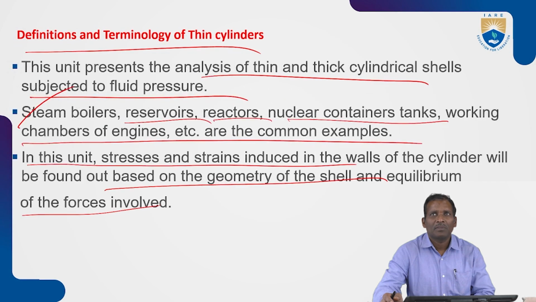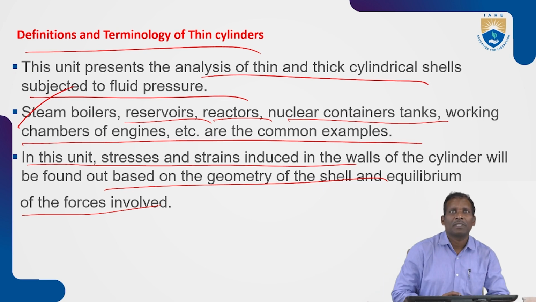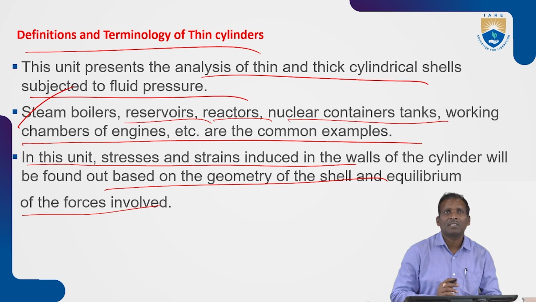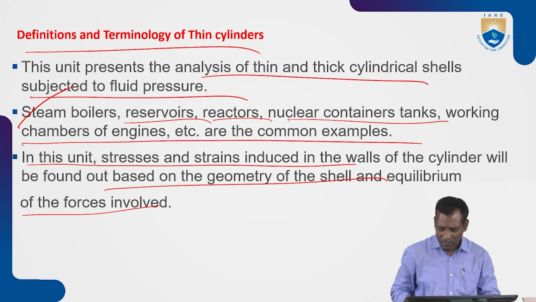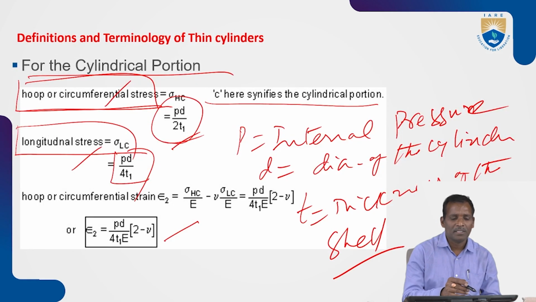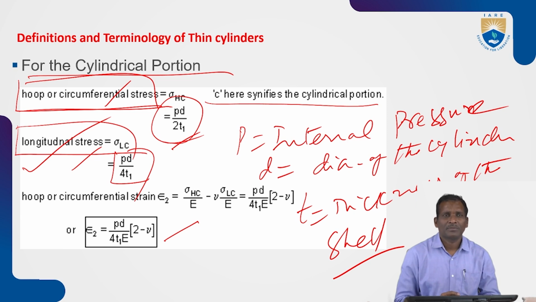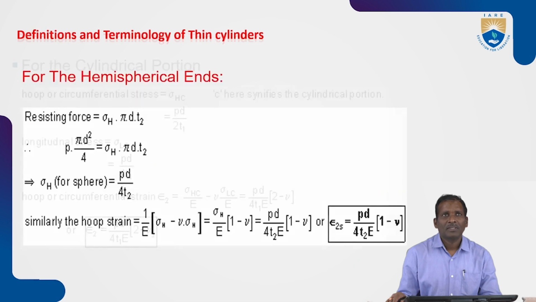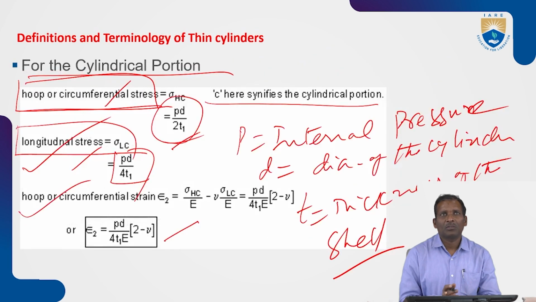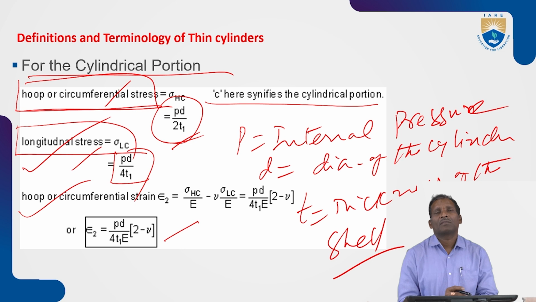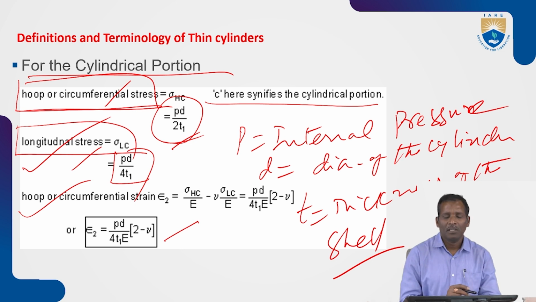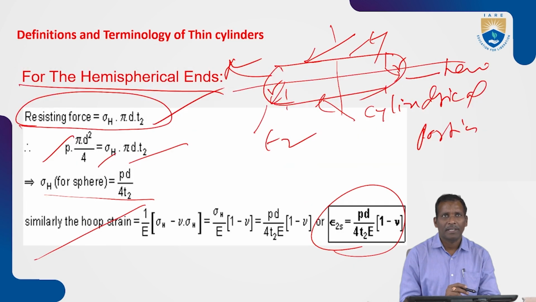First, important terms and definitions: thin cylinder, hoop stress or circumferential stress, longitudinal stress, and circumferential strain or hoop strain. In thin cylinders, 2 conditions are there: one is the cylindrical portion, another is for hemispherical ends.